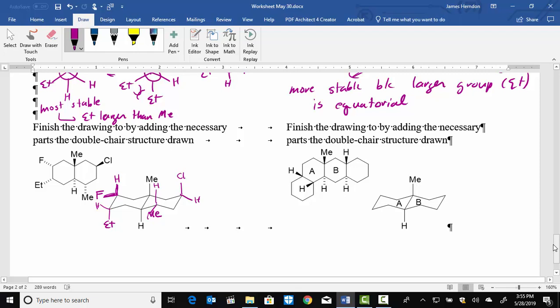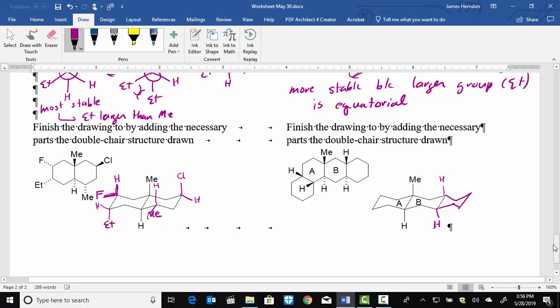Here we're going to finish out by fusing additional 6-membered rings onto things. Okay, so we're going to add the 6-membered ring to these carbons here. Let's look at the hydrogen. Here is going to be up and axial. This hydrogen is going to be down and axial. So we're going to fuse another chair onto this one.